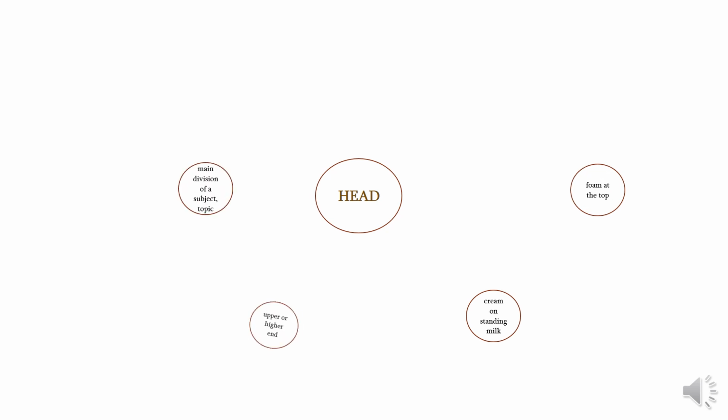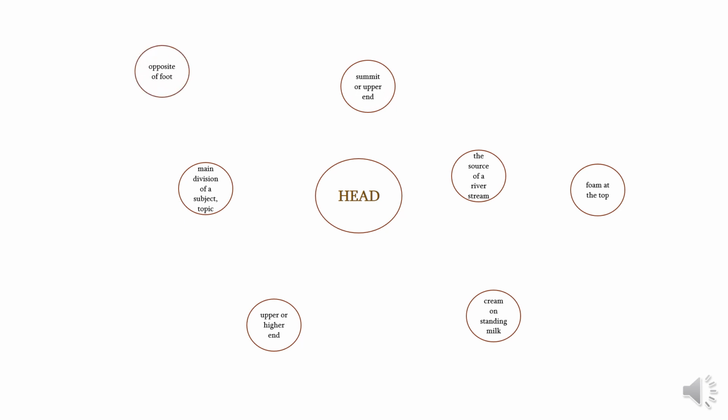Let's take a look at how the core meaning of the word develops other meanings. Let's observe some of the meanings of the word head. The cream on standing milk, foam at the top, main division of a subject, topic, upper or higher end of something, the source of a river, stream, summit or upper end, the opposite of foot, and so on.